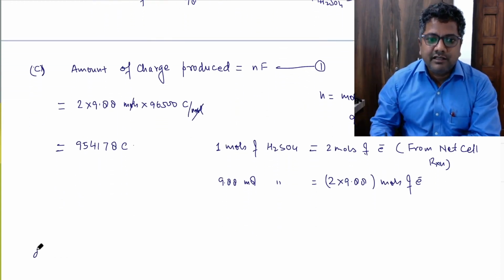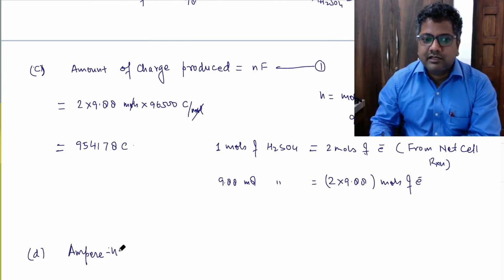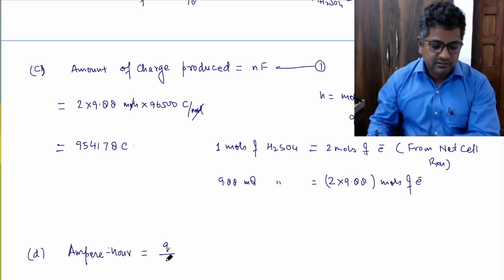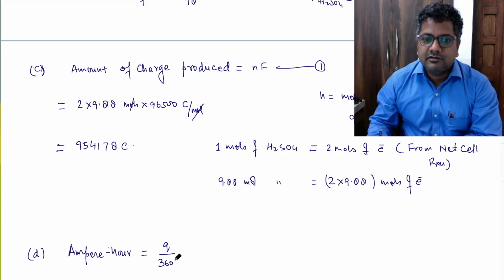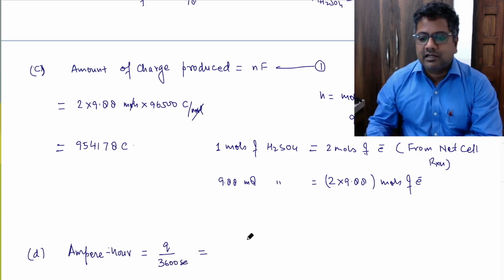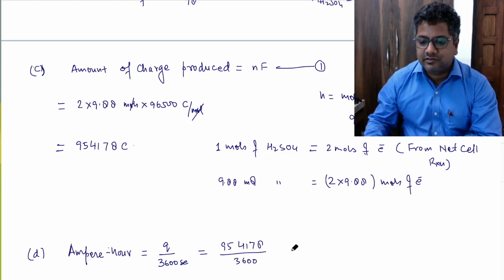Now part D. Current in amperes is equal to Q divided by time, 3600 seconds, the number of seconds in 1 hour. So we have calculated 954178 divided by 3600, right?